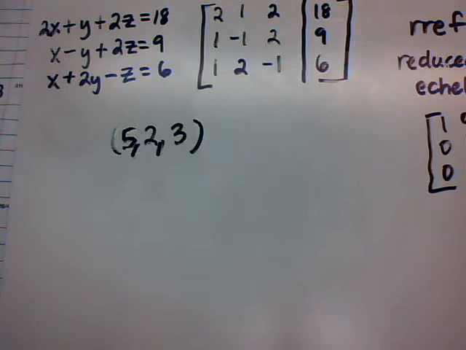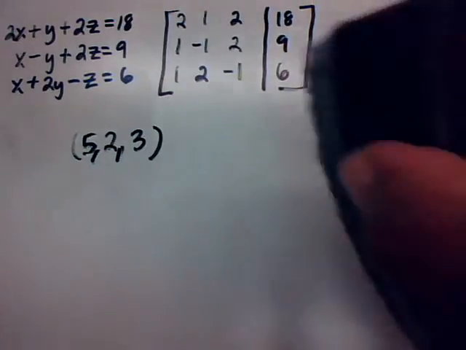And I suppose I can do another problem similar to this. That way you'll get the hang of how to use your graphing calculator to solve a system of linear equations. Let's say I have this. X plus 3y equals 0.